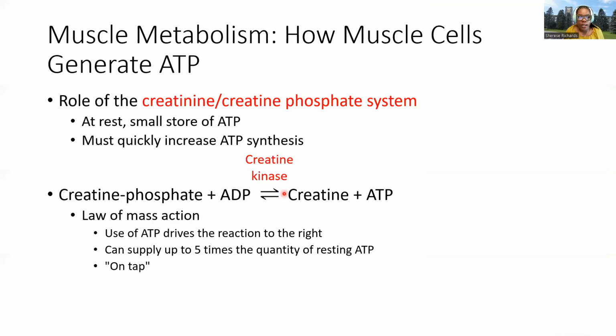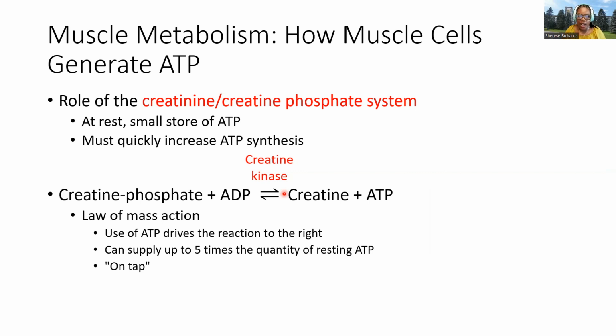Let's look at the first one. Again, that temporary one, it's the creatine phosphate system. And this creates a small store of ATP while the muscle is at rest. This is to allow the muscle contraction to start quickly. Because muscles should be very responsive, right? When you think to move your arms, think to lift a heavy load, that should happen pretty quickly.